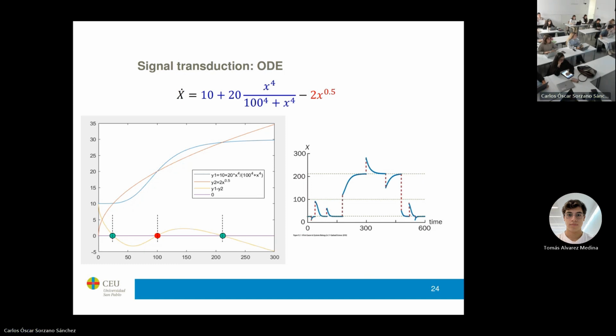Here the creation is blue, so it is this curve, minus this one, the one in red. So there are 3 possible stable points. If you analyze the second derivative, it turns out that this one is stable, this one is unstable, this one is stable. So this is the subtraction of these 2.